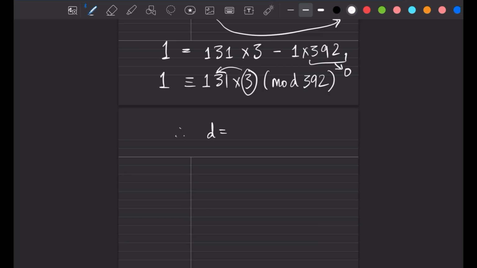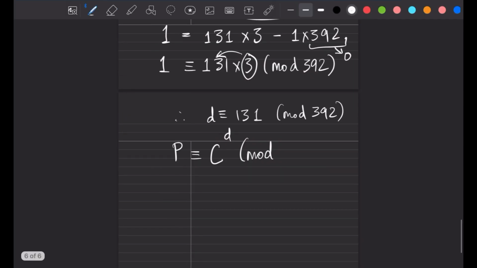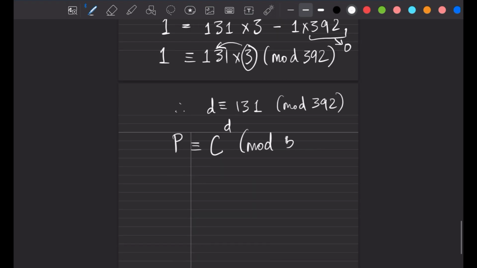So my D I have found out to be 131 modulo 392. Okay. Now I can decrypt my ciphertext. The formula, if you remember, was P congruent to the ciphertext raised to D modulo N, which was 591.